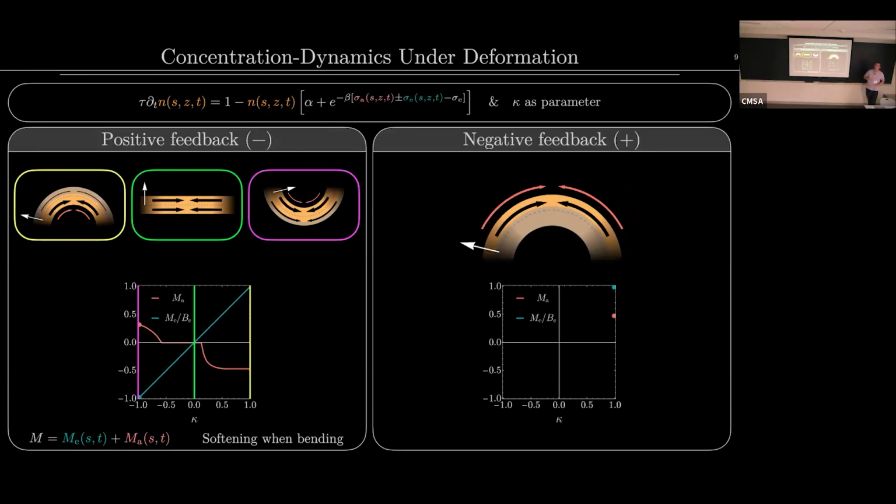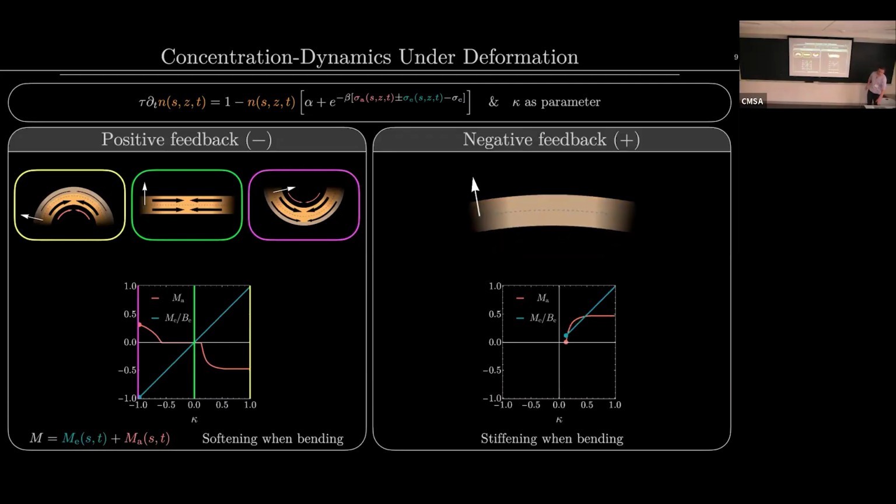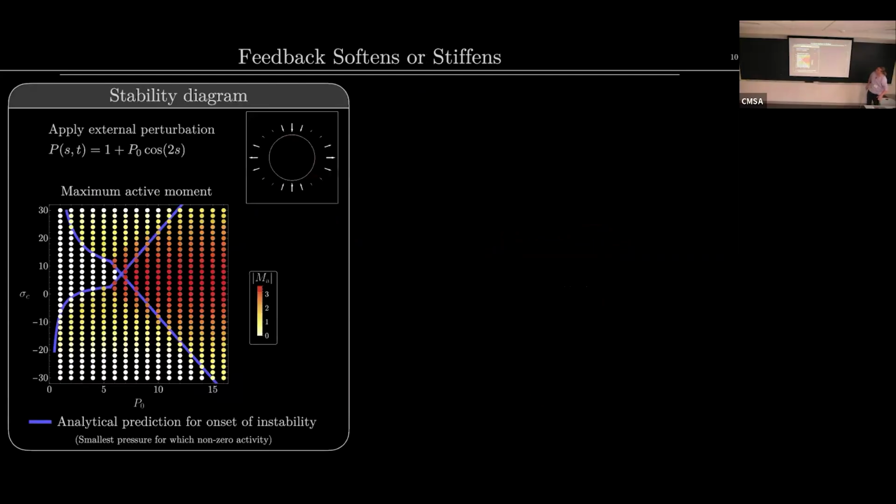And now we can, hopefully having a better understanding of what's going on, go back to the full picture and look at the three coupled equations where the curvature is a dynamical parameter as well. And to do that, we take the elastic ring, we deform it with this pressure.